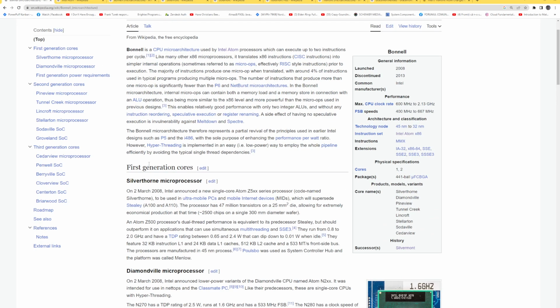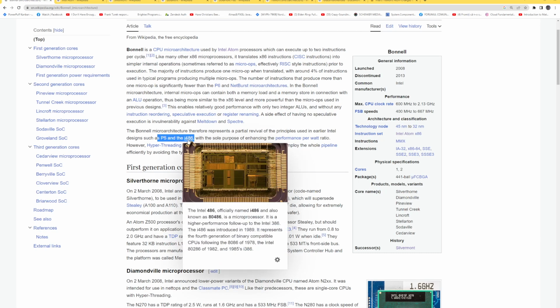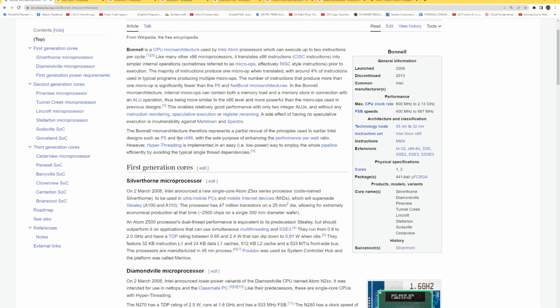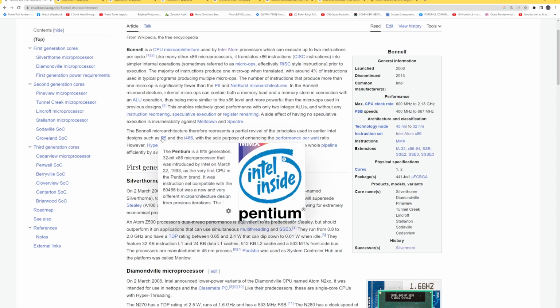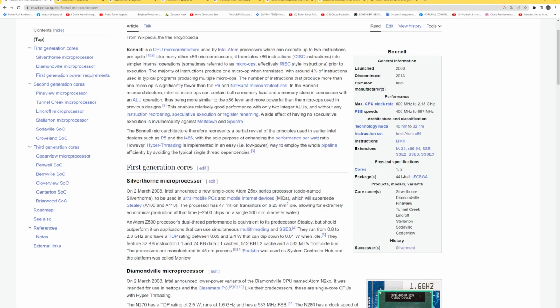The other part is that it was based on the P5 architecture or i486. What it means is that it was kind of pipelined. It was something named superscalar, but it was in order. It was quite slow compared to today's designs, which are out of order.